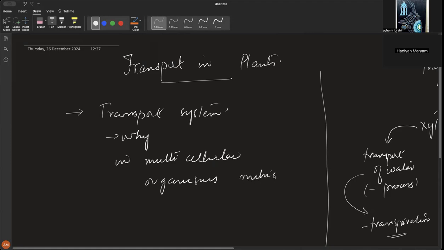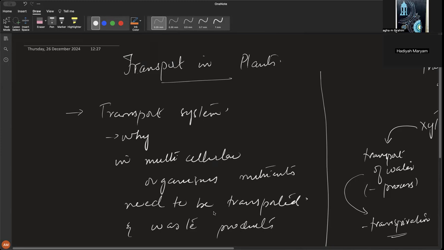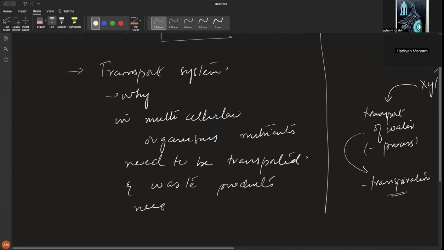nutrients need to be transported and waste products need to be removed.